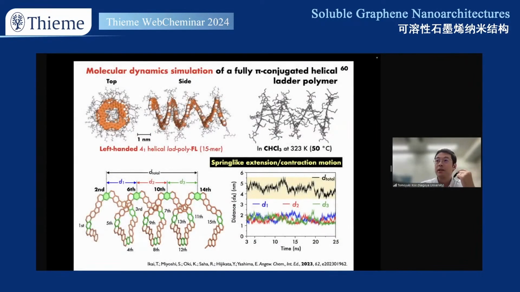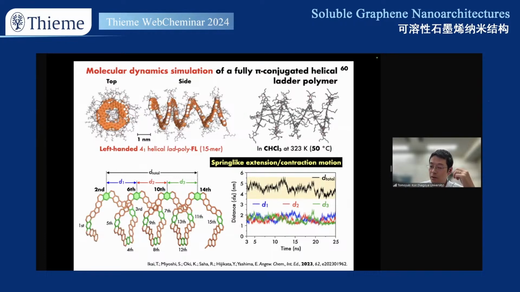Yes, thank you very much, this is a very good point. I am studying the spring-like motion of this polymer, and we know this polymer shows a temperature-independent absorption spectrum.